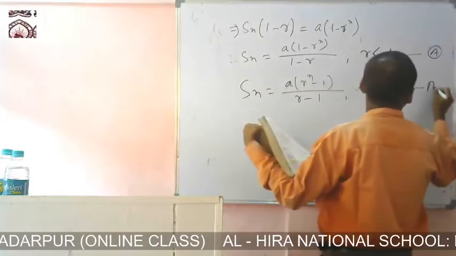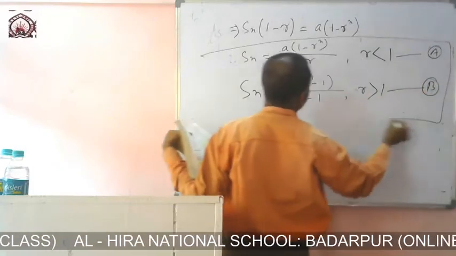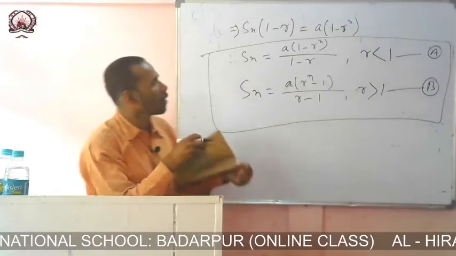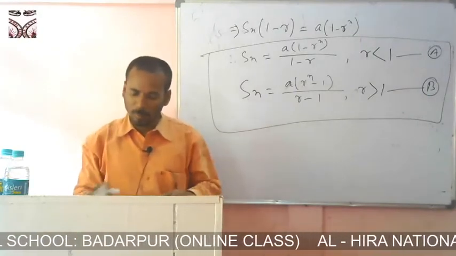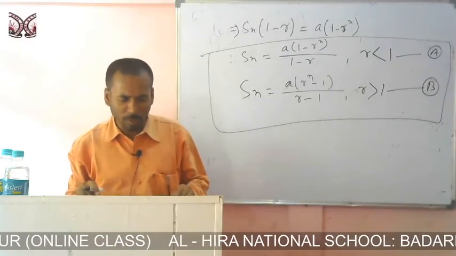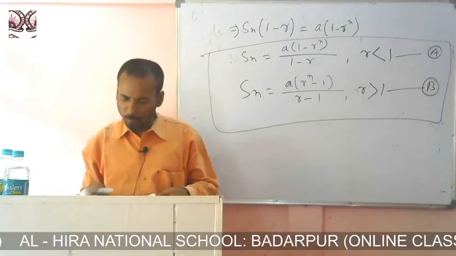This is B. So these two formulas are very much important, and you should clear your concept regarding this sum of n terms. If you clear the concept, then we can proceed to 6.3.